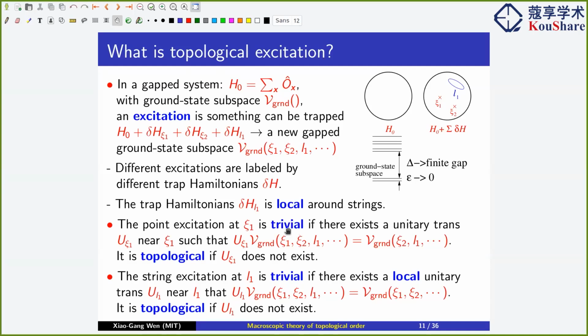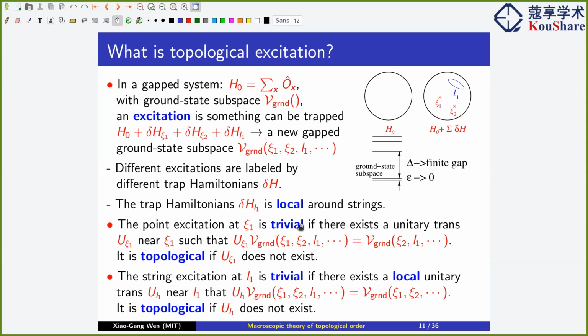Equivalence is defined as this. If you can deform the trap Hamiltonian continuously without closing the energy gap, then we say the deformed trap is equivalent to the previous trap. If two traps can be connected by deformation without closing the energy gap, we say these two traps are equivalent. And if you can deform the trap to 0 without closing the energy gap, that means this trap traps nothing. That's a trivial excitation.